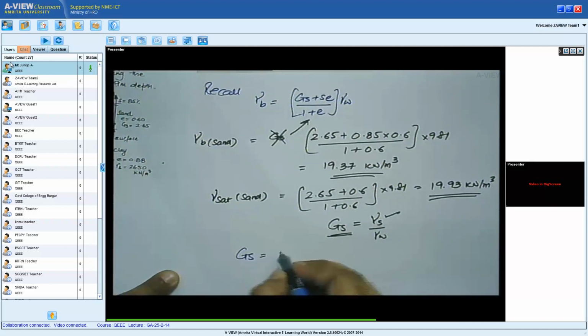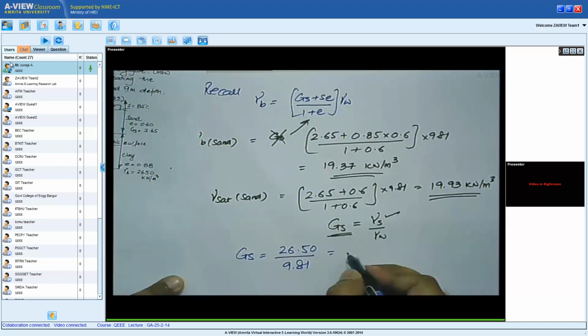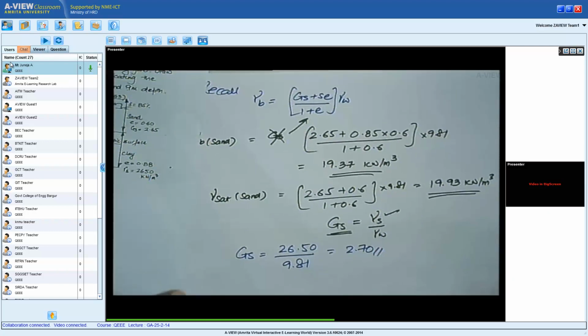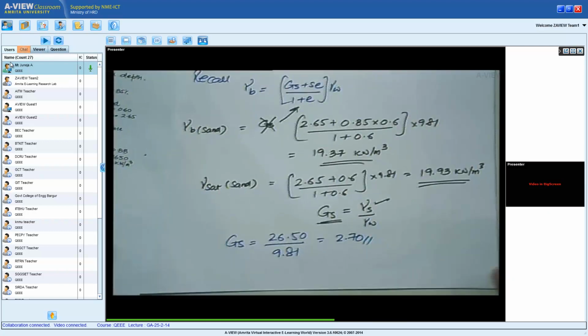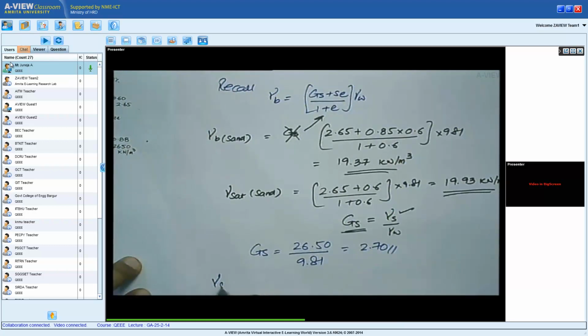GS equals 26.50, which is given, divided by 9.81. Plug in your number, you get GS equals 2.70. So we now have GS. Can I say gamma saturated for clay?